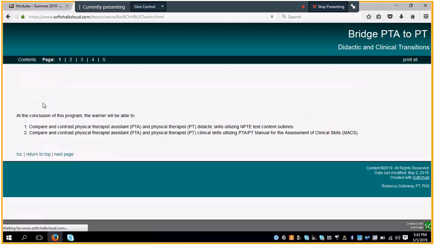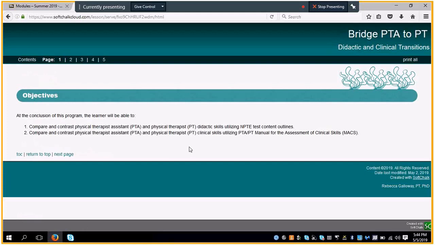So in this introductory module, what we're going to focus on is comparing and contrasting the didactic skills from PTA to PT, and for that we'll focus on the board exam content outline, the NPTE.